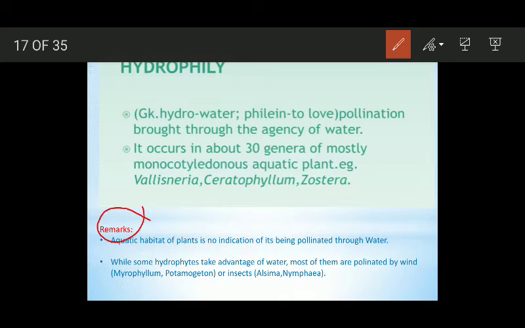For example, Myriophyllum and Potamogeton use wind for getting their flowers pollinated, and similarly Elisma and Nymphaea use insects. So occurrence of a plant in aquatic habitats is no indication that it is using water for pollination.